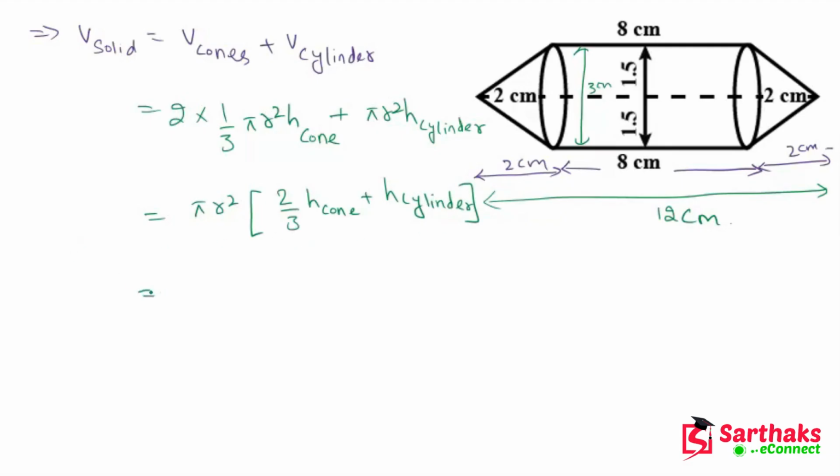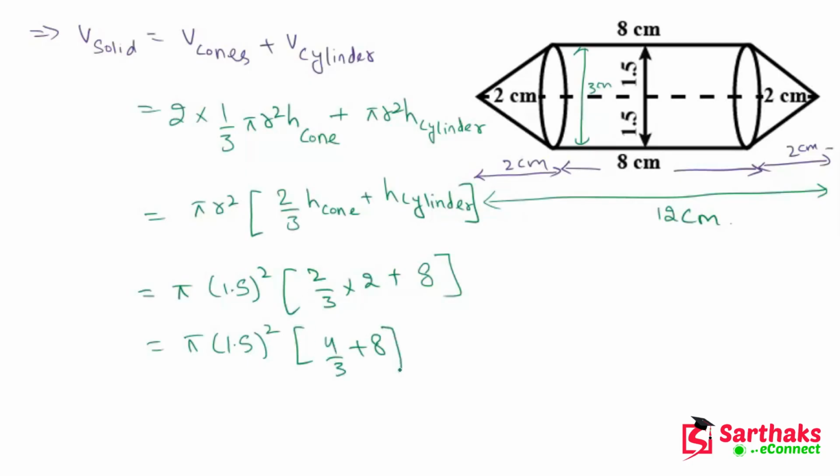So now we have the radius 1.5 square and 2 upon 3 times the height of cone, which is 2, plus the height of cylinder, which is 8. Now if we solve this, we get pi into 1.5 square into 4 upon 3 plus 8.